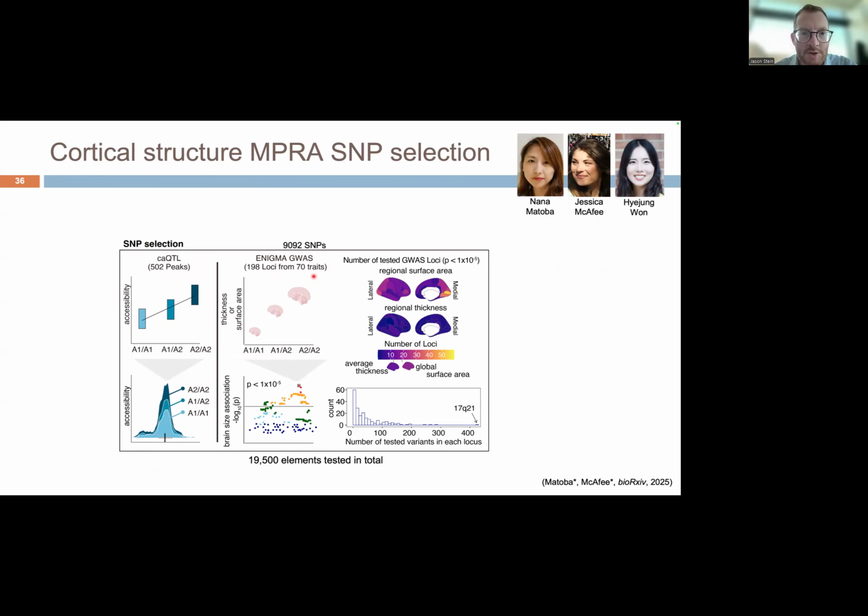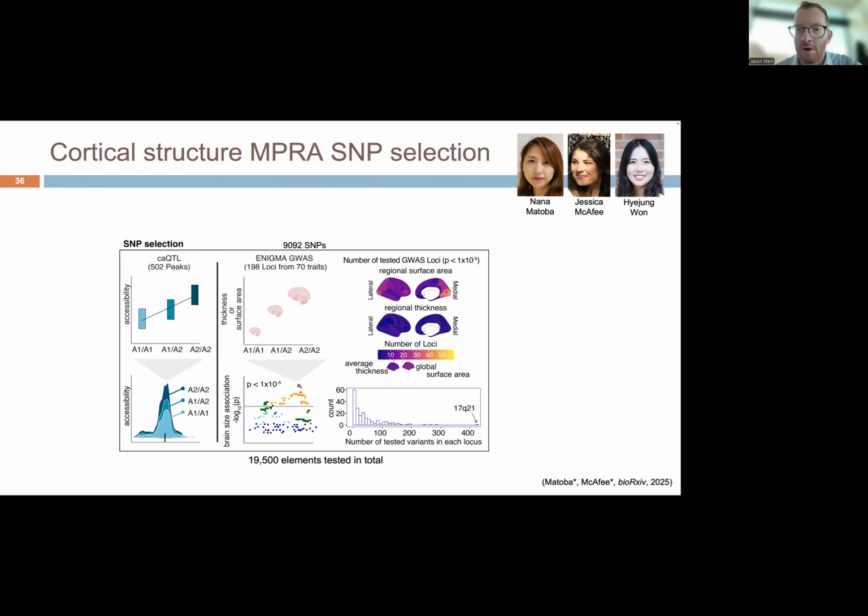For this ENIGMA GWAS, we selected over 9,000 SNPs associated with inter-individual variability in cortical structure. We selected those SNPs with p less than 1 times 10 to the negative fifth, so some nominal association to cortical structure at genome-wide significant loci. Those SNPs were selected for having a genome-wide significant locus associated with some brain structure or global structure.